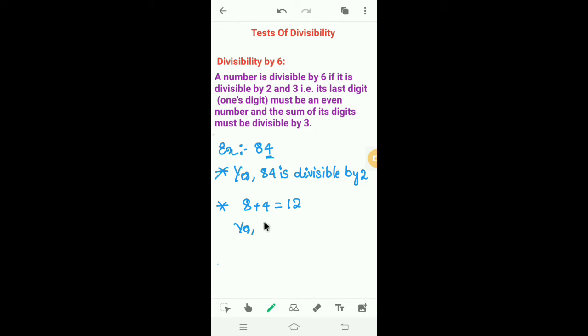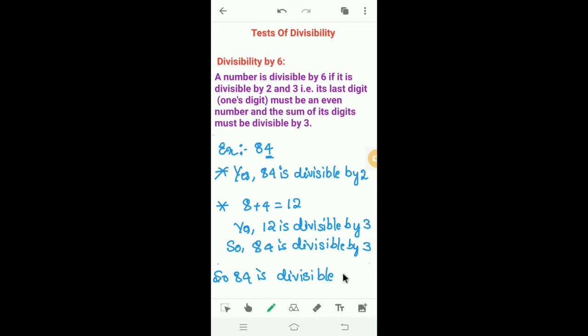Yes. So 84 is divisible by 3. Here both the conditions are true. So 84 is divisible by 6.